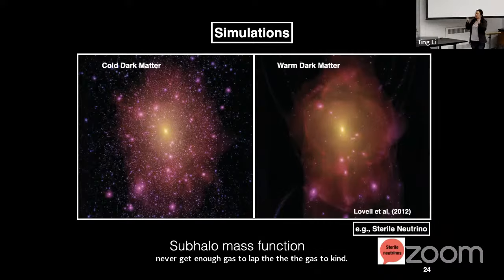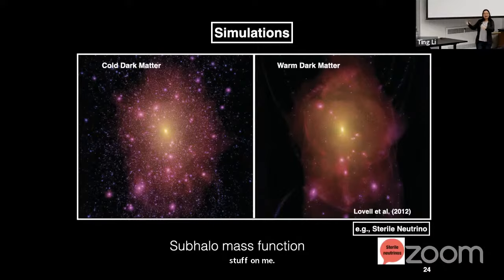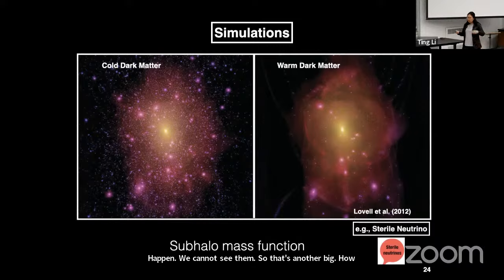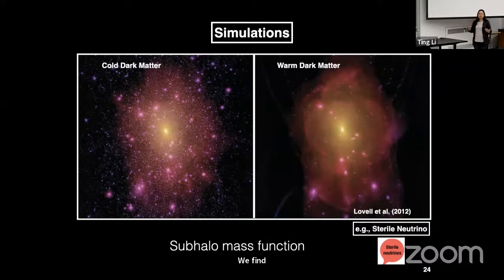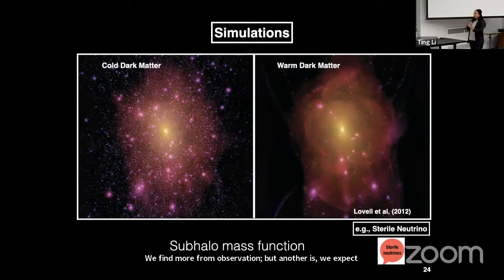So there are a lot of these really dark galaxies that never had any star formation happen. We cannot see them. So that's another big improvement of understanding on the simulation end. One is we find more from observation, but another is we expect some of those we were not able to see anyway. And that's how we reconcile the crisis, or the discrepancy, between these two ends.